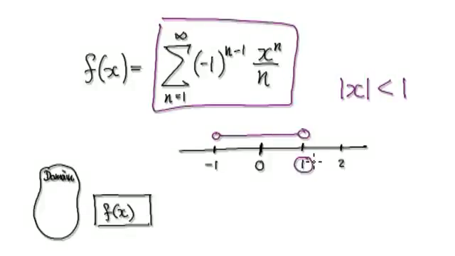It has to be strictly greater than -1 and strictly less than 1. If you select x to be anywhere in this interval, then the whole series will converge.